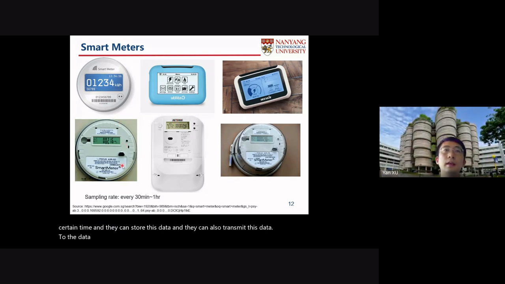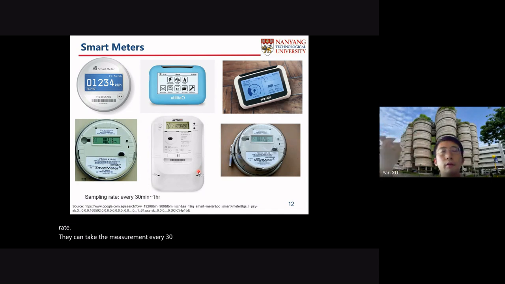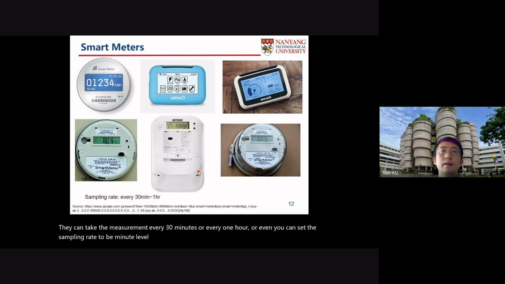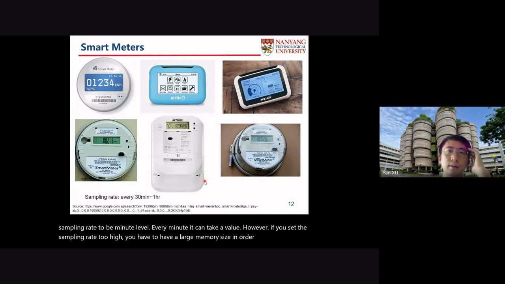And very importantly, these smart meters have a very high sampling rate. They can take the measurement every 30 minutes or every 1 hour, or you can even set the sampling rate to be minute level. Every minute it can take a value. However, if you set the sampling rate too high, you have to have a large memory size in order to store and upload this data.